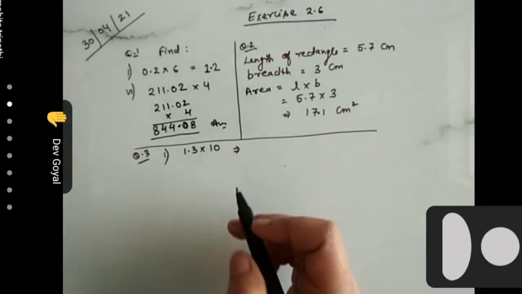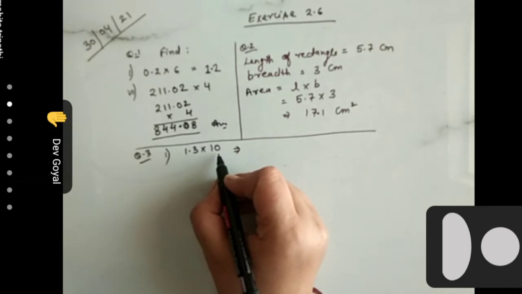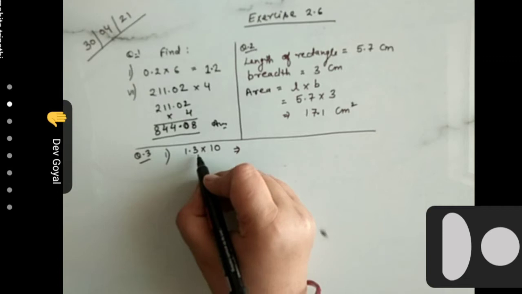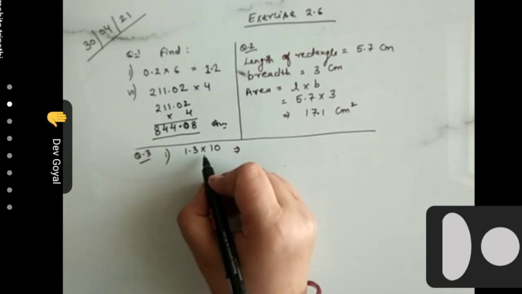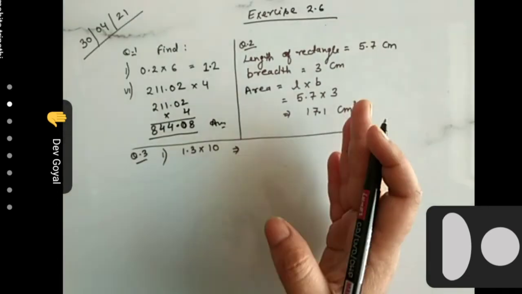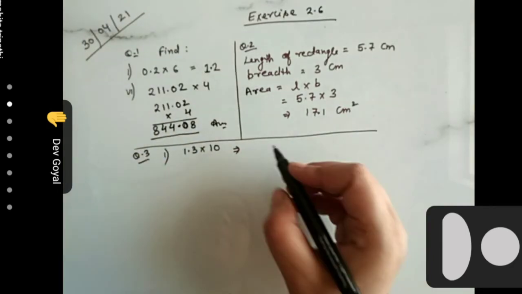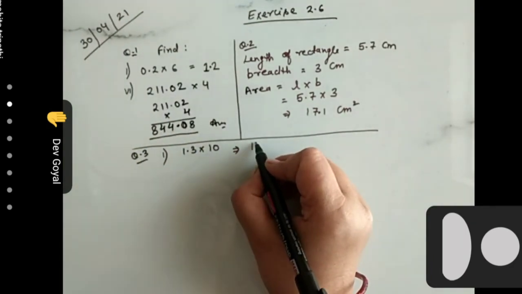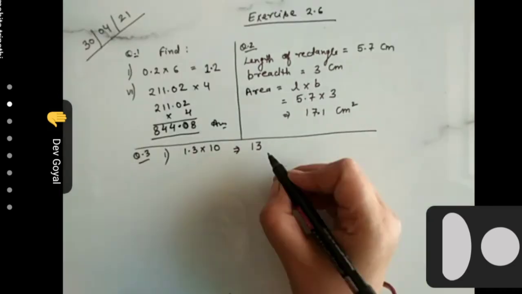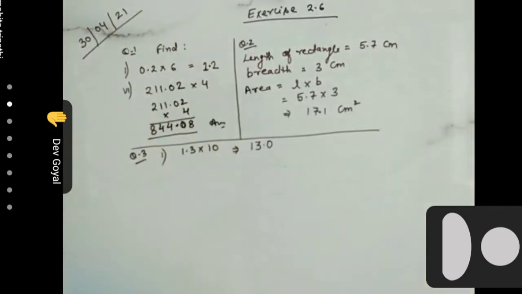Just see, you have to multiply by 10. Number of zeros is 1. So this decimal sign will shift one place to the right hand side. So the answer will be 13, or you can write 13.0.